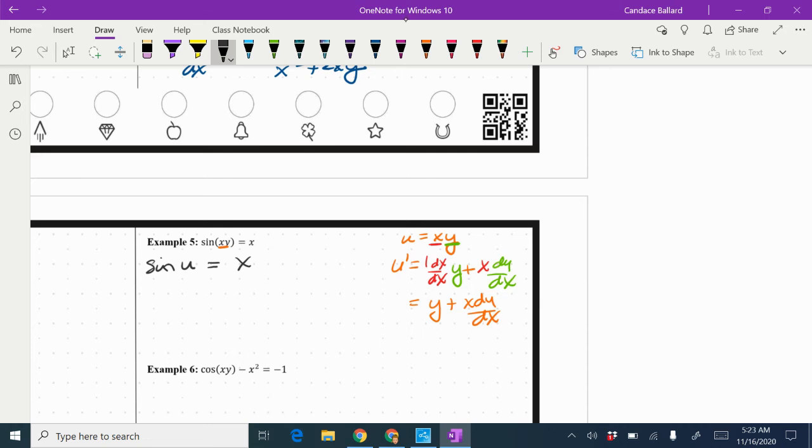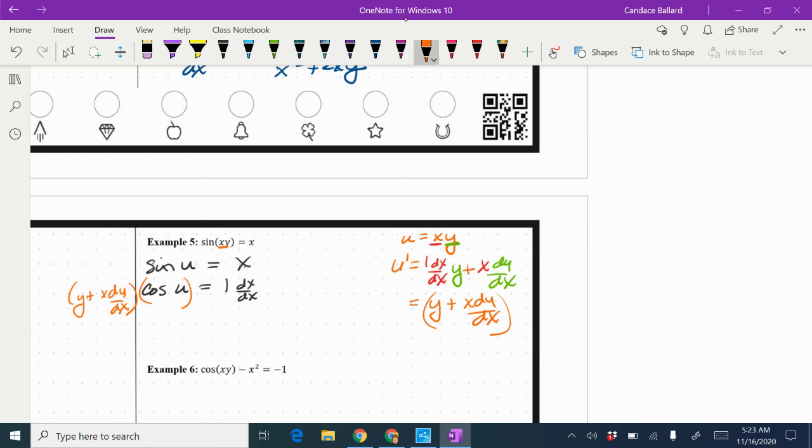When I take the derivative of that, because I just did the rewrite step, derivative of sine is cosine of u equals the derivative of x, which would be 1 dx/dx. What we missed was we have to take the derivative and multiply it by the derivative of the inside. So the derivative of the inside was y plus x dy/dx.